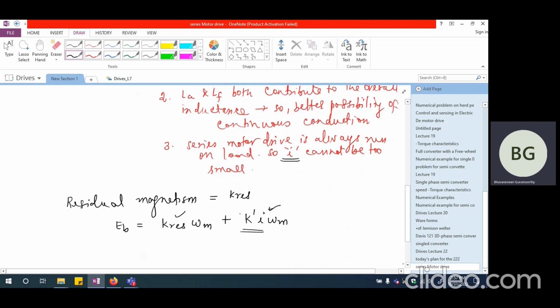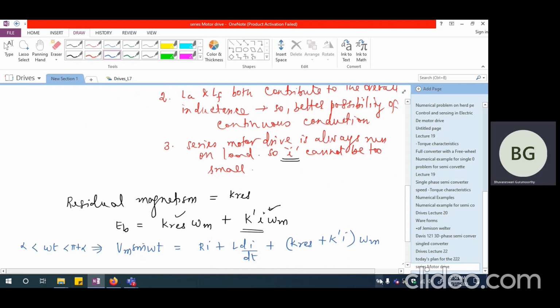So this is going to be the total back EMF. That is the reason when we write the equation, we should write Vm sine omega t when omega t is lying between alpha and pi plus alpha in the full converter case. This is going to be Vm sine omega t equal to Ri plus L di by dt plus K res plus K dash I multiplied by omega m.